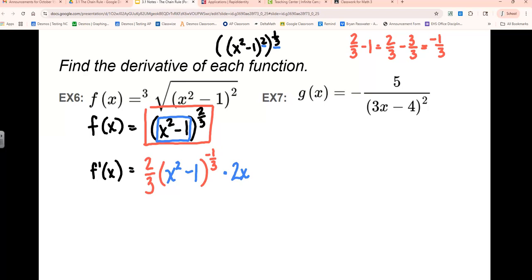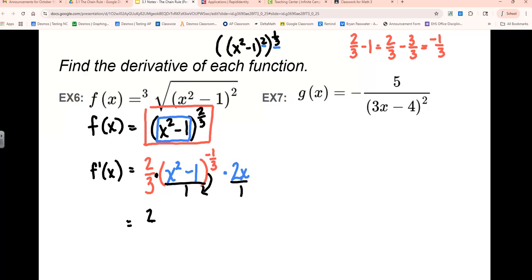Now, I do find students struggle with simplifying fractions here. What I suggest doing is make everything a fraction. Every single piece needs to be a fraction. 2/3 is already a fraction. Put this over 1, make it a fraction. Put this over 1, make it a fraction. So if you want, you could send the -1/3 power down to the bottom of this fraction right here.